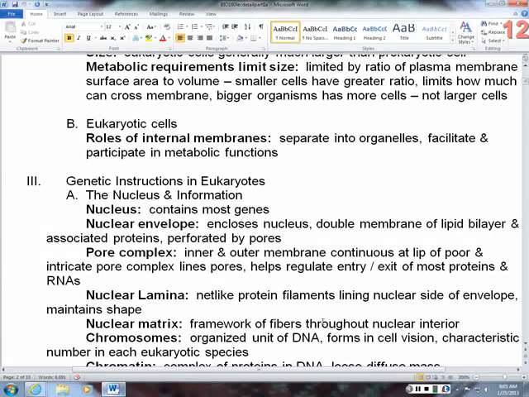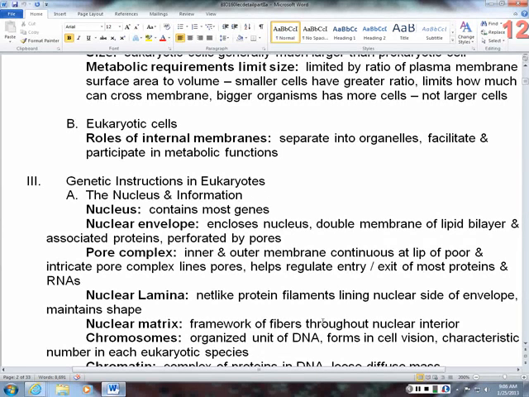And then you also have these pores, which is kind of a weird way to draw it, but maybe that's a little more accurate looking, where things can get in and out of the membrane. So one of the things that's going to have to get through there is your RNA in order for you to be able to make proteins.